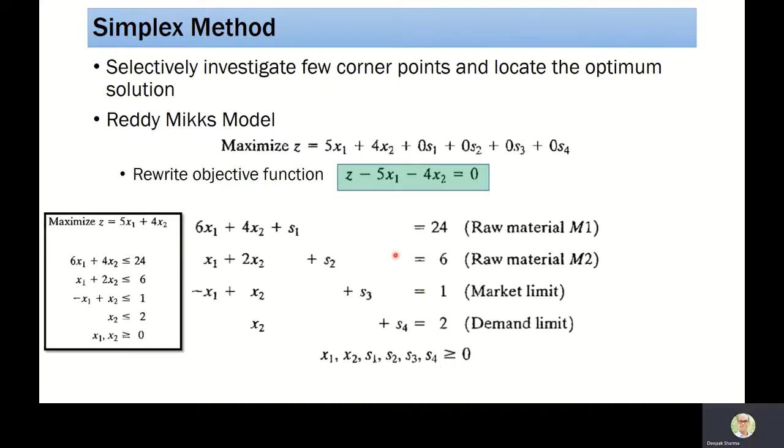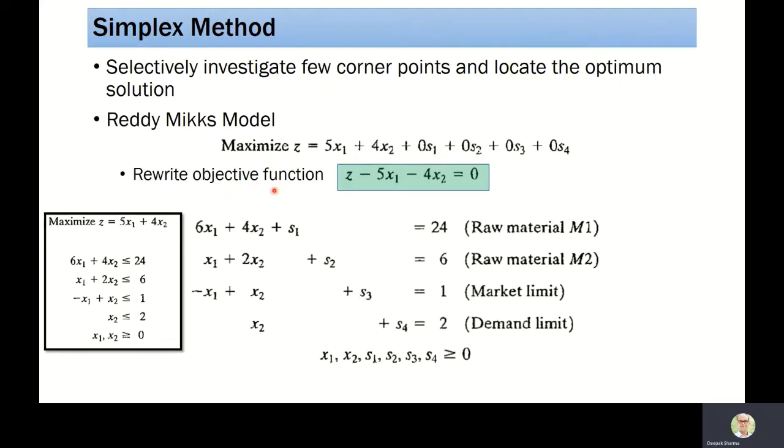Since we have included the slack variables, I'm rewriting my objective function as maximization of z equals 5x1 plus 4x2 plus 0s1, 0s2, and so on. So I am including the slack variables in the objective function, and we know the coefficient multiplied by s1 is 0, so they have no contribution.